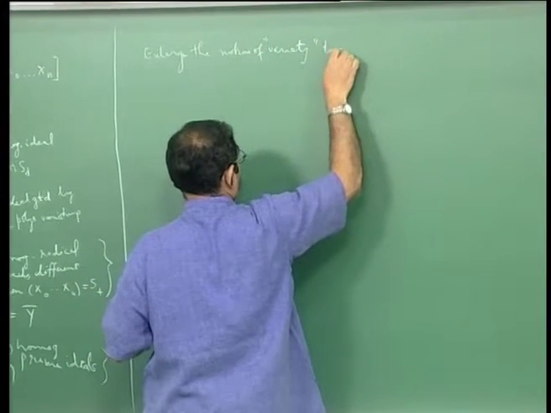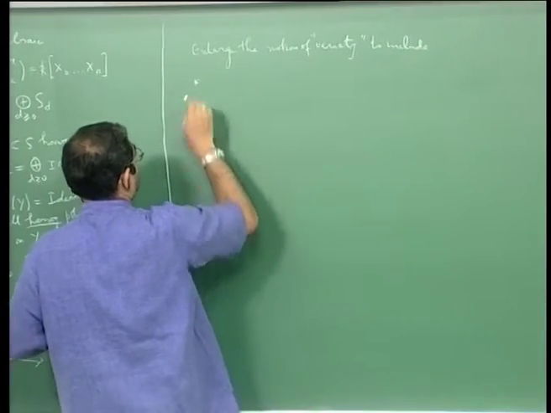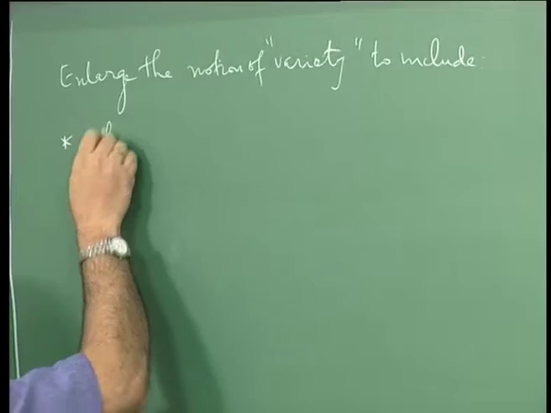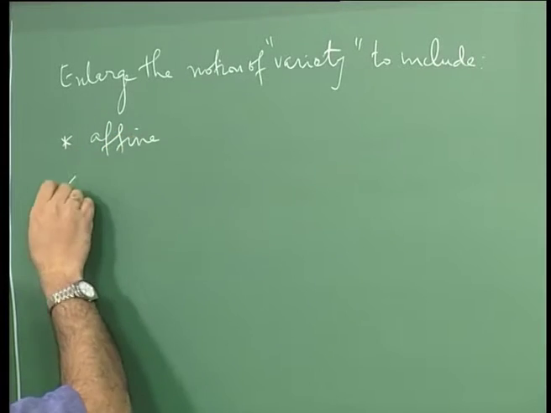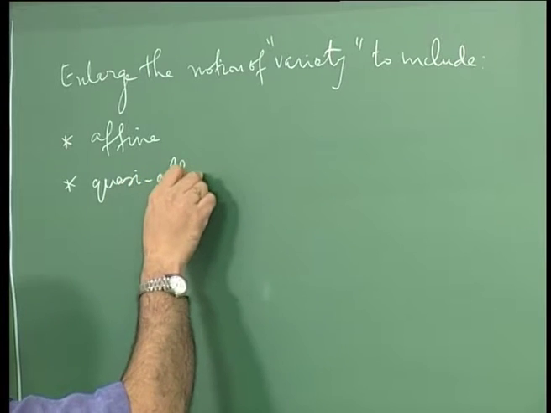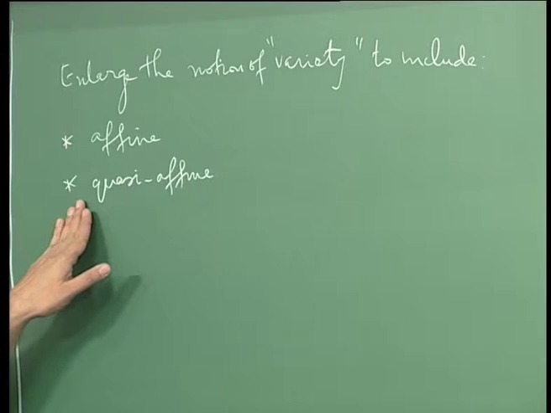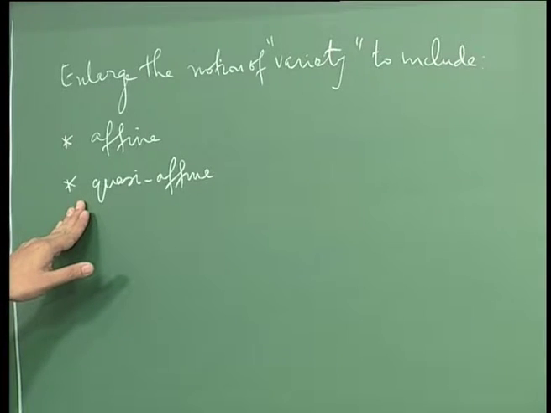So far our varieties were either affine or quasi-affine. Affine meant that you are looking at an irreducible closed subset of some affine space, and quasi-affine means you are looking at a non-empty open subset of an irreducible closed subset of affine space.